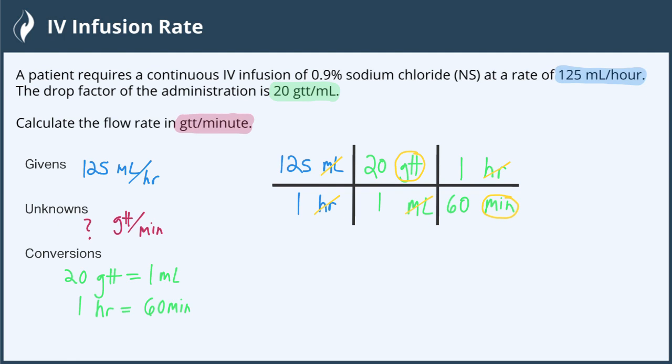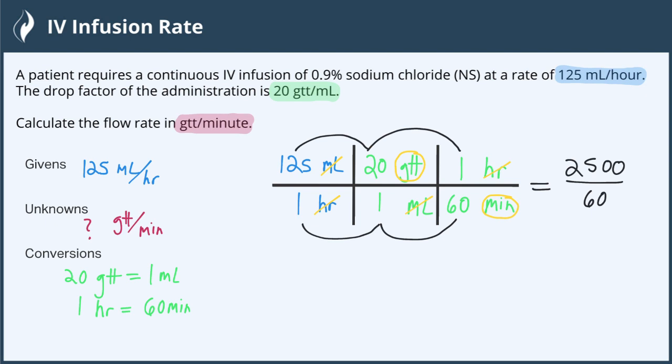So now that we've done that, we can multiply across the top. When I do 125 times 20 times 1, I get 2,500. And then on the bottom, I have 1 times 60, which is 60.